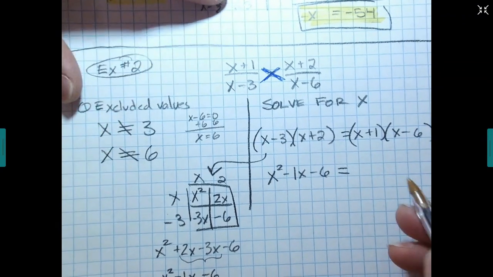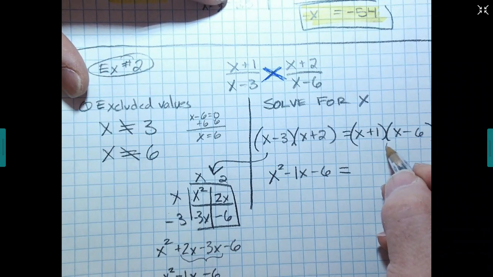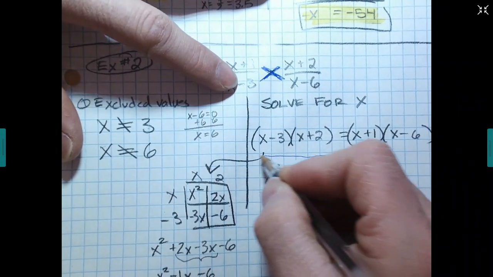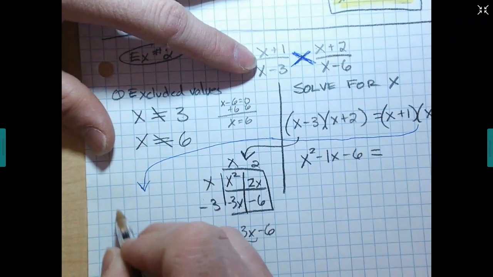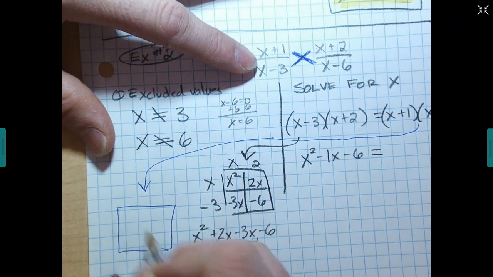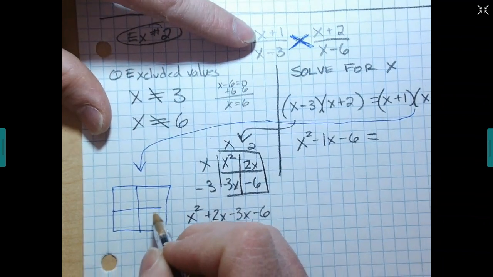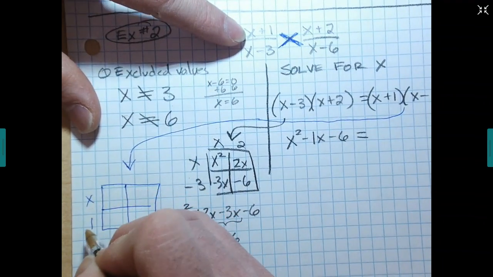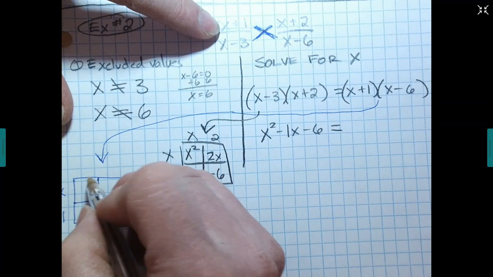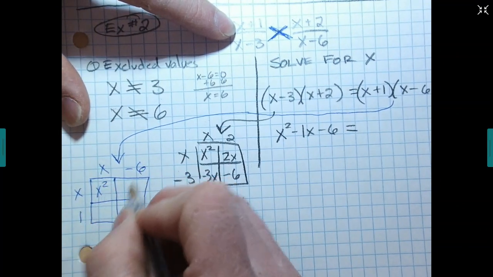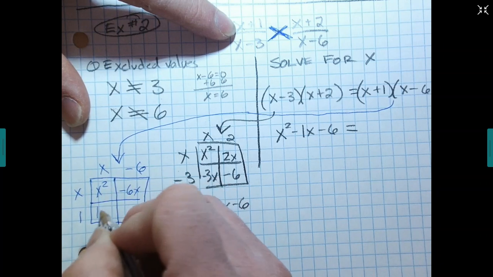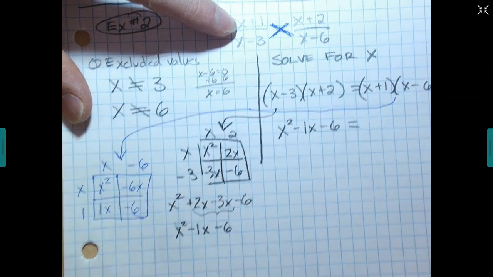And then let's take this one over for our box. We've got x and 1, and x and negative 6. So I have x squared, negative 6x, 1x, and negative 6.